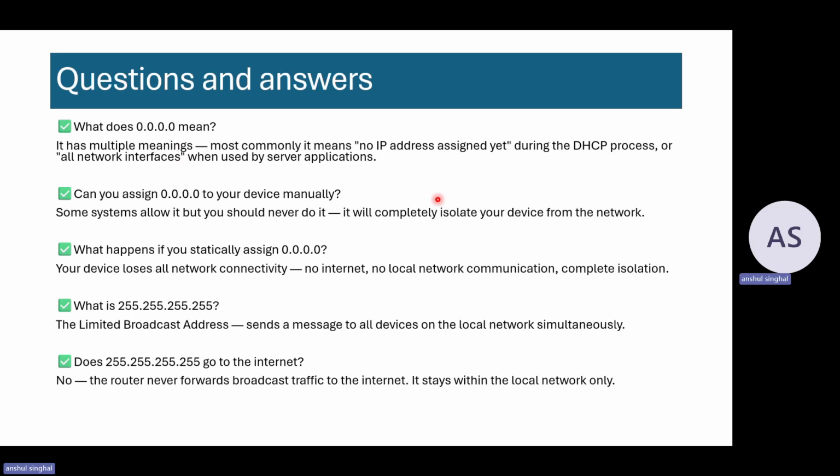Then, can you assign 0.0.0.0 to your device manually? Some systems allow it, but we should never do that because it will completely isolate our device from the network. We will not have any internet or local network communication, complete isolation the device will be in.